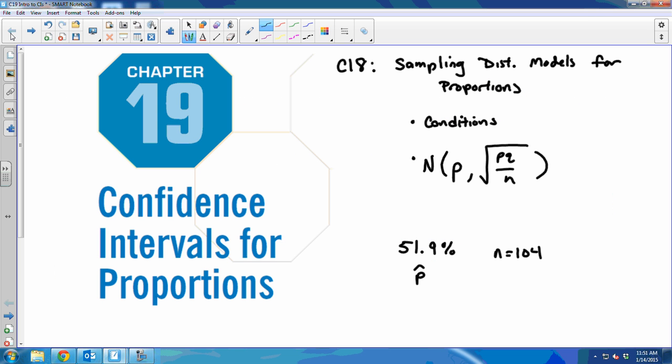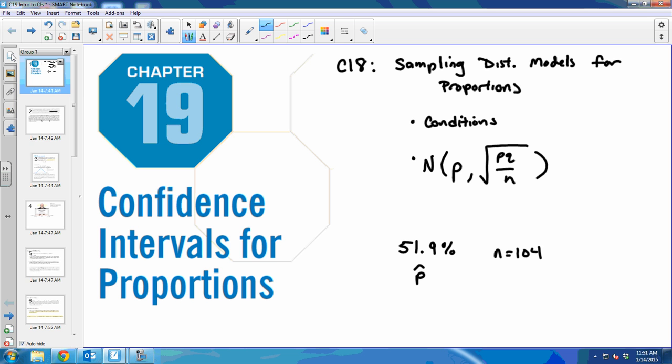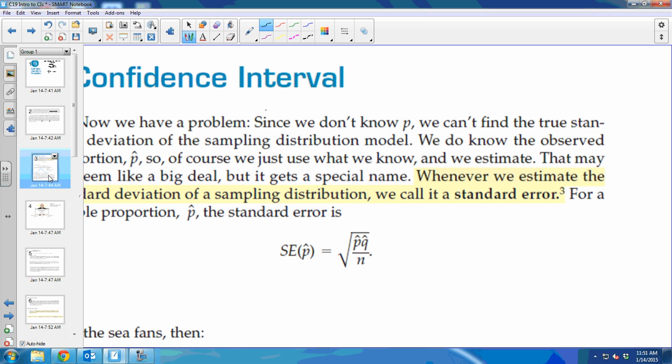If we think about our sampling distribution model, do we have P? No. So that means we can't find the mean or the standard deviation. We do have P hat, though. So we're going to use P hat to make some estimates. Right? So you have to keep in mind that we're talking about estimates.